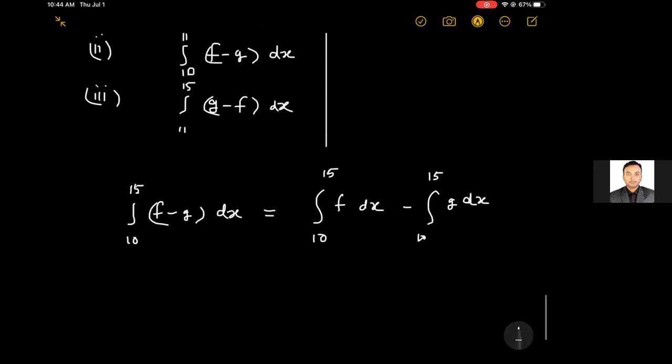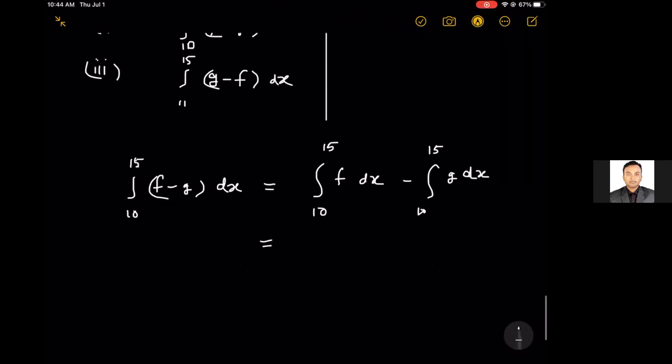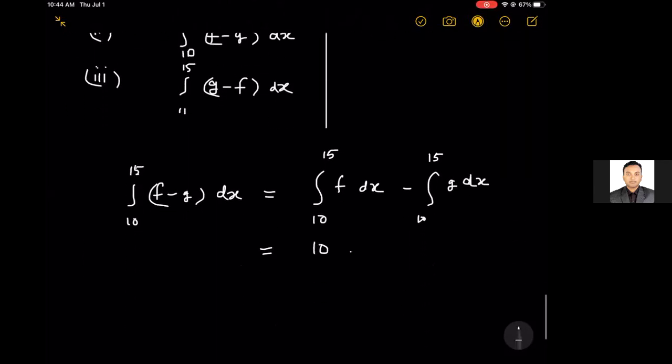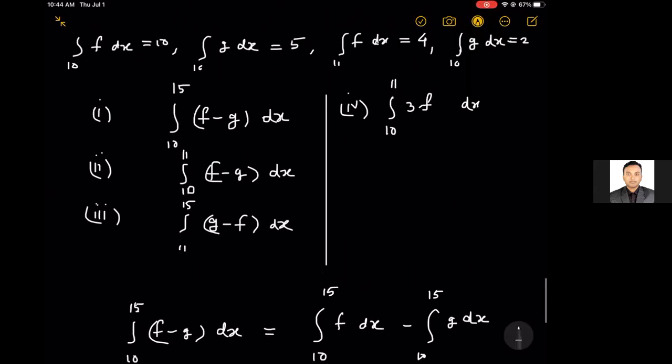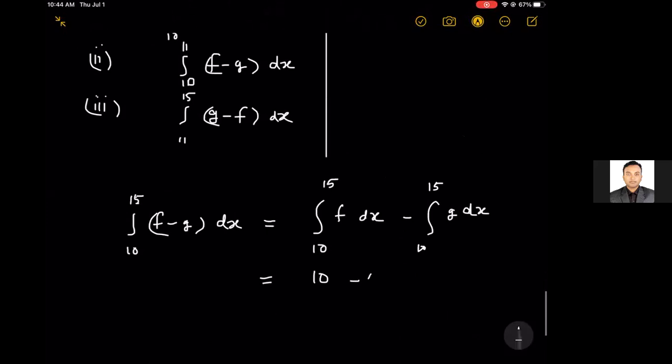And we know the values, right? What's the value from 10 to 15 for the first function? It's 10. What's the second one? From 10 to 15, g of x is 5. So yeah, you're right. The solution for the first problem is 5.